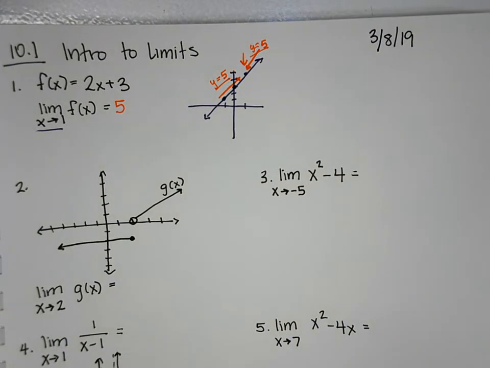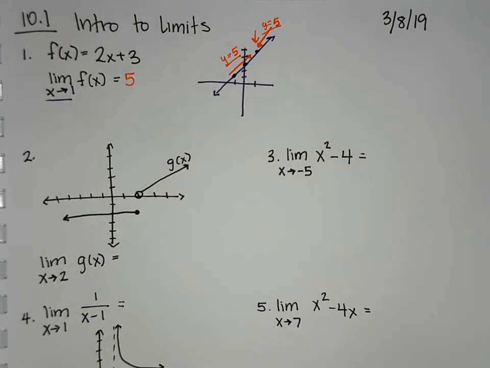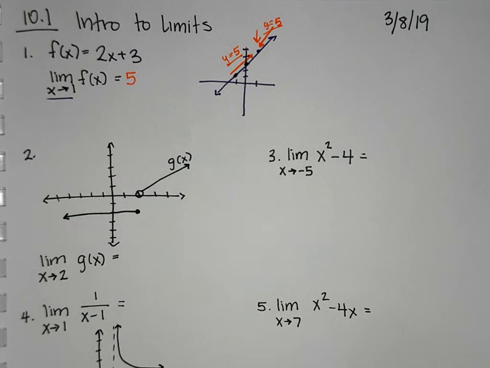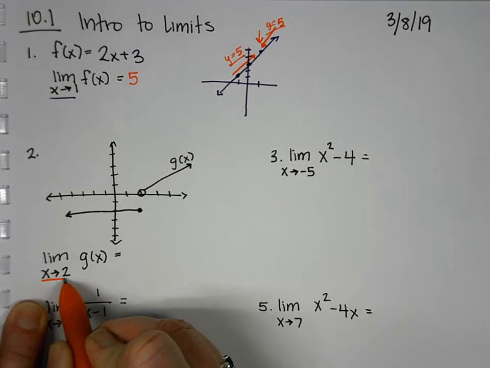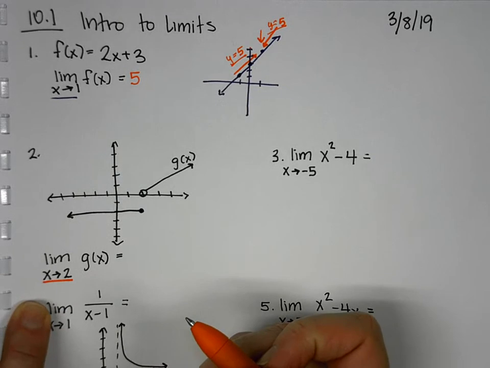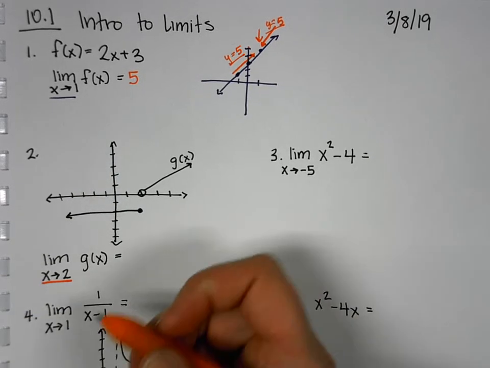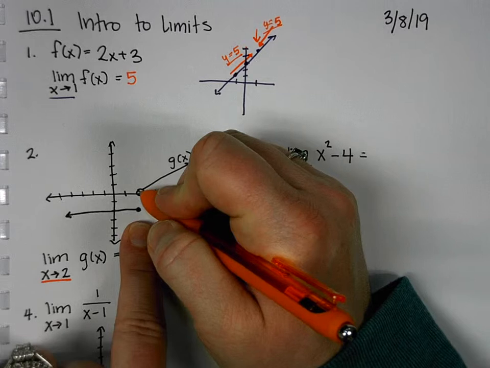So one of the key things with limits is your limit is a y value as you come to an x value. So if we look at number 2, we have another graph. Down here, we're going to look to see what is our y value as we approach 2 for x. So here's my x equals 2.